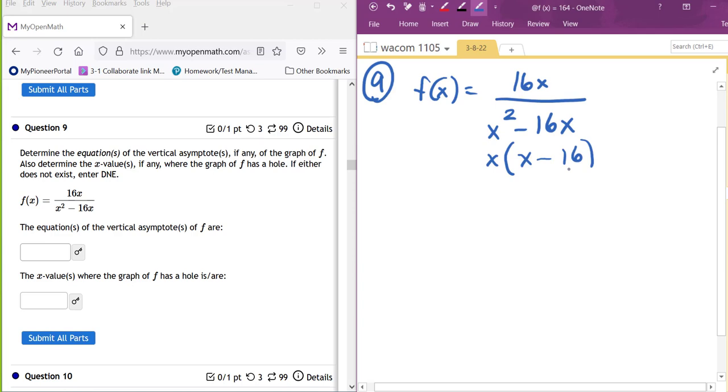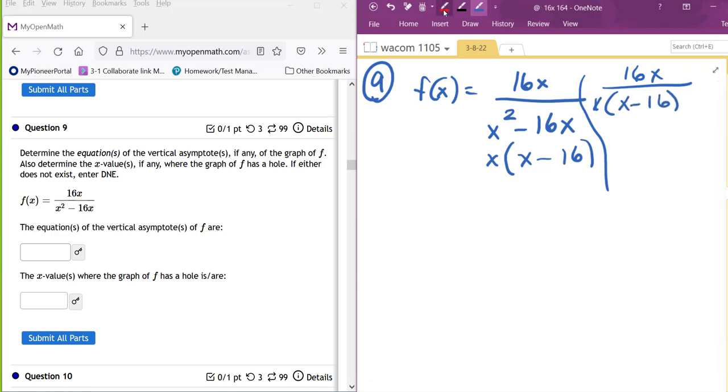But when we write this problem in factored form, this x will cancel. So whatever this would be equal to, when we set it equal to 0, is going to give us a hole because it canceled out. So this would be x equals 0, and this would be x equals 16.